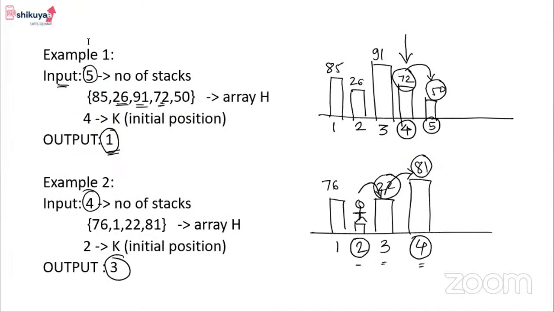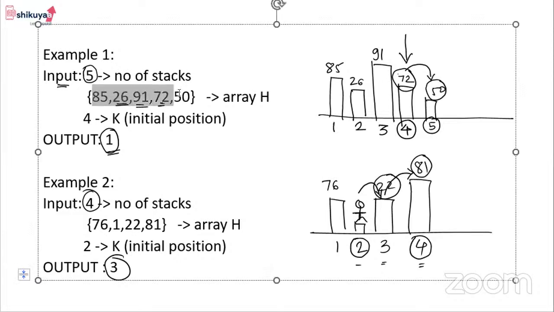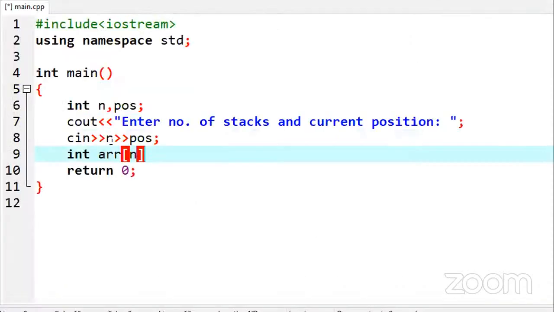So for example, in this example number 1, first input is 5, which represents number of stacks, okay, and therefore the size of the array is 5. So here we have written n, that means the size of an array.